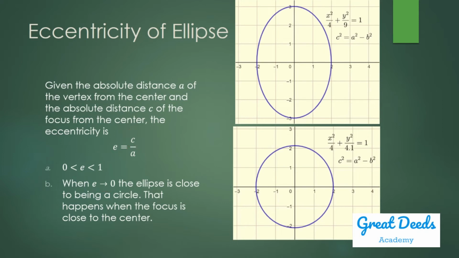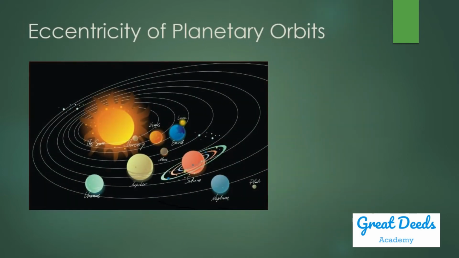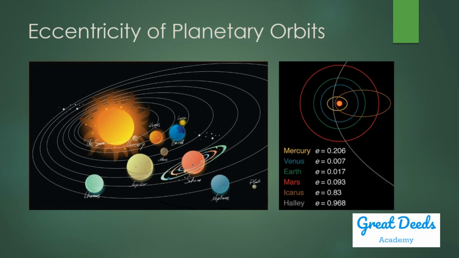Now, the reason why I cannot skip this topic is because it reveals a lot about the orbits of the planets and other space objects in the solar system. The orbits of the planets around the sun and the orbits of other space objects around the sun are in the shape of an ellipse, but they have differing eccentricities.